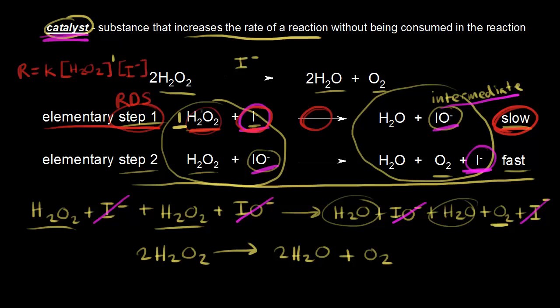Once again, our coefficient is a 1 here, so since this is an elementary reaction, we take our coefficient and turn it into our exponent. This is the rate law that we would predict using the rate determining step, and this is in agreement with the experimental rate law for our overall reaction. So this is a possible mechanism for our overall reaction, the decomposition of hydrogen peroxide.